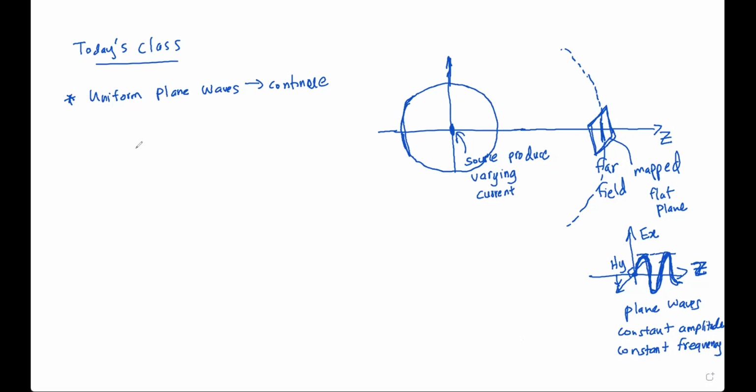In the last class, we discussed the situation where we derived the electric field of the uniform plane wave, right? In the last class, we took the wave equation, which is given by this equation, right?